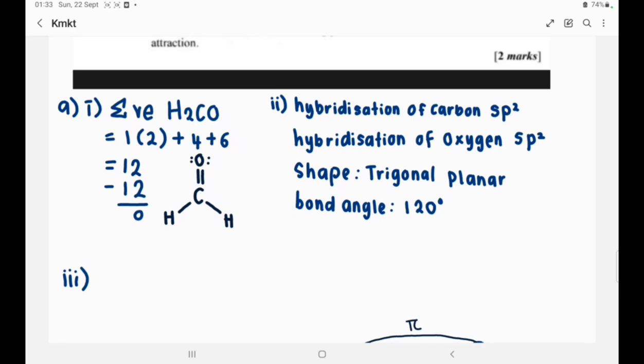We subtract the electrons that we put at the atoms in the Lewis structure from the total valence electrons. Okay, so that's how we draw the Lewis structure.